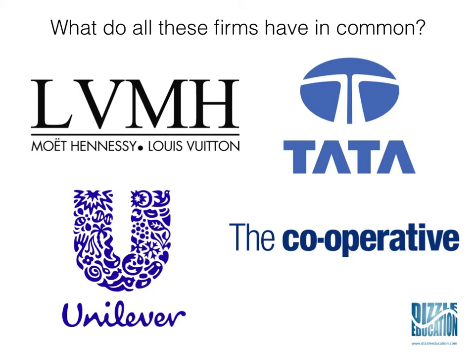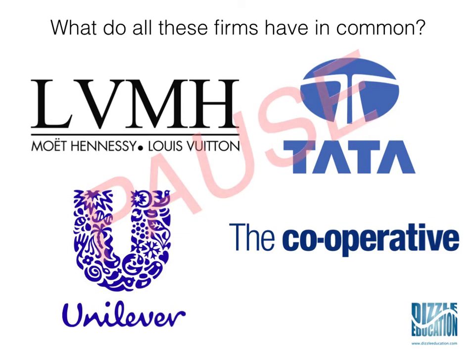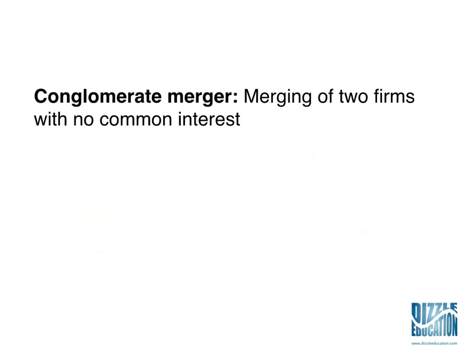Have a look at these four different firms here. Pause the video, have a think about what they have in common, or do some research on the internet if you're not sure. Now, the one key thing those four firms have in common is that they would all be described as conglomerates. That's because they all own several businesses that do not have any common interest.